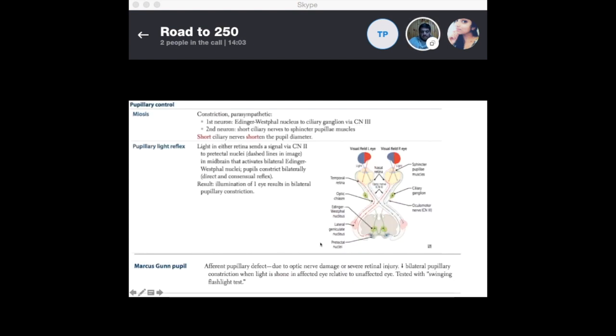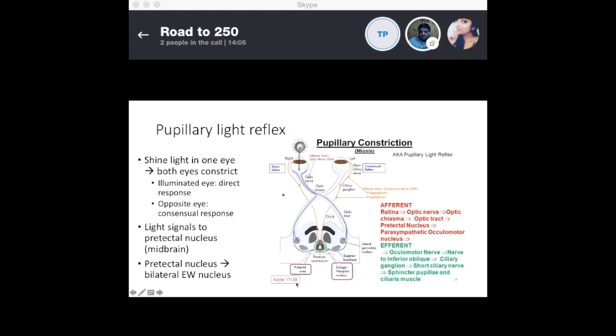And those Edinger-Westphal nuclei will then send out cranial nerve 3 responses to both eyes. And that's going to give you the direct reflex on the eye you're shining the light into, and the indirect response here. So it's going to go through the ciliary ganglion, and there's a presynaptic and a postsynaptic, but it's all controlled through the oculomotor nerve.